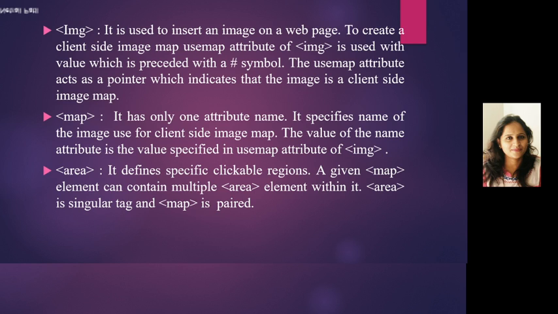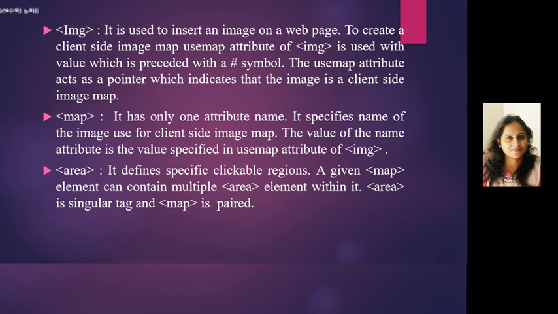The second tag is map. It has only one attribute, name. It specifies the name of the image used for client-side image map. The value of the name attribute is the value specified in the usemap attribute of the img tag.